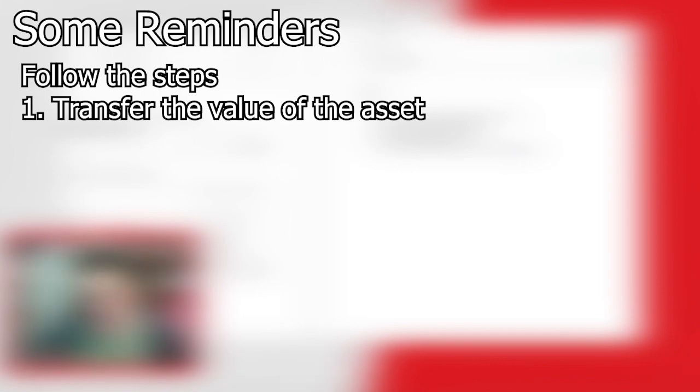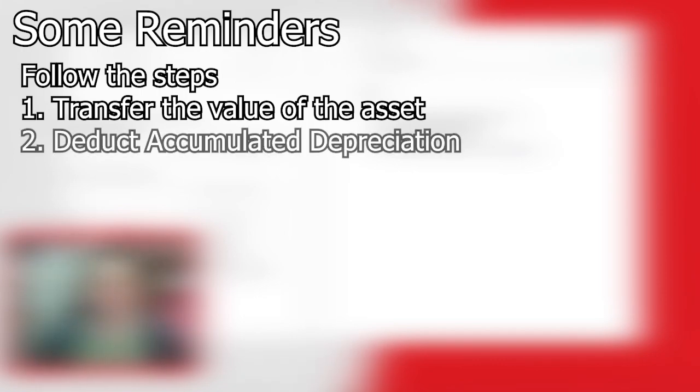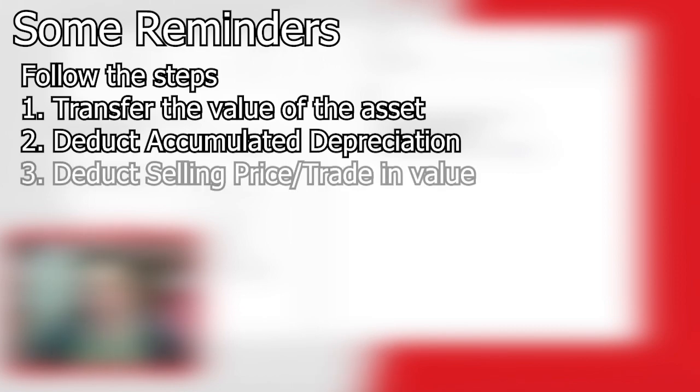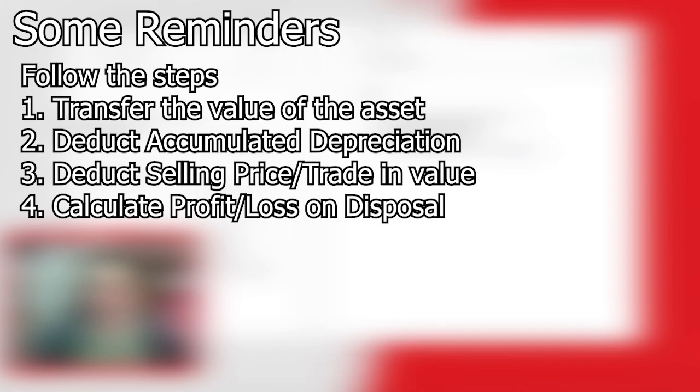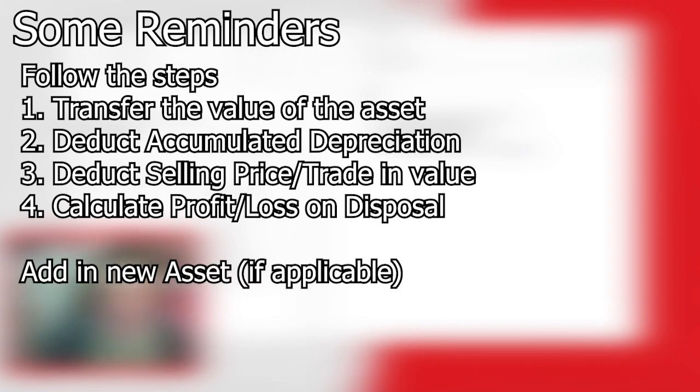So some reminders. Please remember the 5 steps. Dispose of the non-current asset, so that means the cost price transfer. Then deduct accumulated depreciation. Deduct selling price or trading value, whatever you sell or trade it in for. Profit and loss on disposal of asset is what we calculate next. And then if we're creating a new vehicle, we need to make sure we do that, and that ties into step 3. So it's that hidden step 5, but technically step 3.